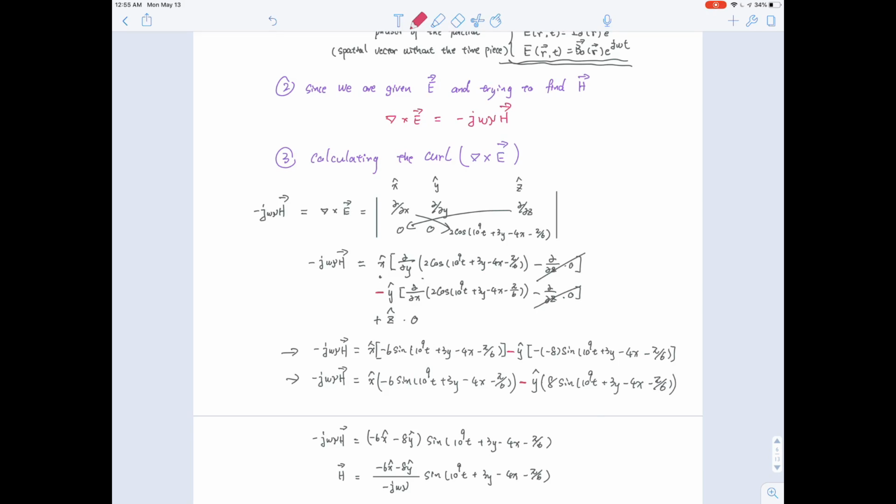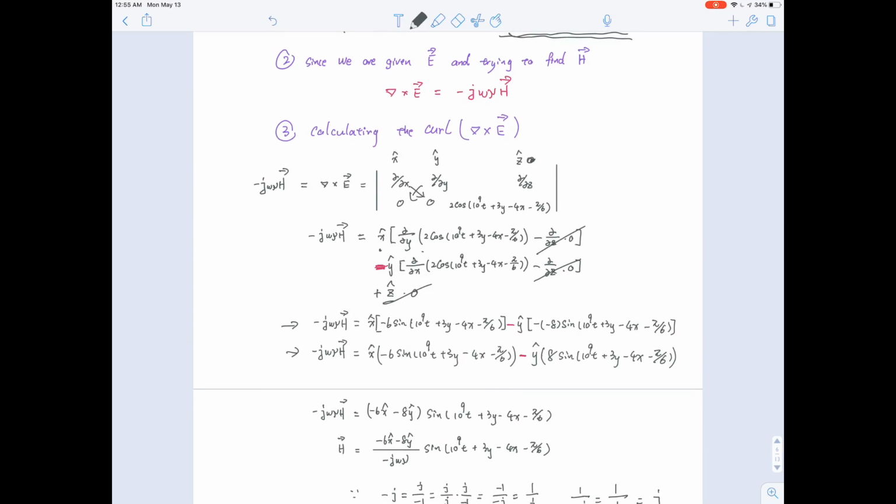Keep in mind that when we're expanding the determinant, the second term will always be negative. And lastly, we can do the z hat term, which is basically 0, right? And after simplifying everything, this is what we have.